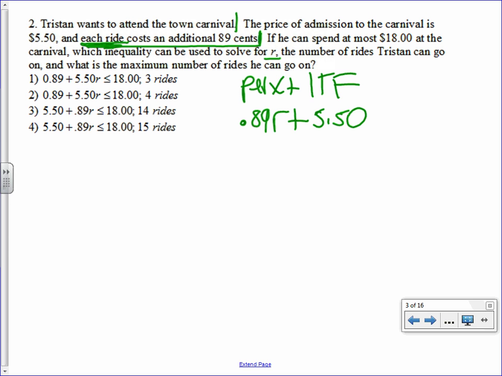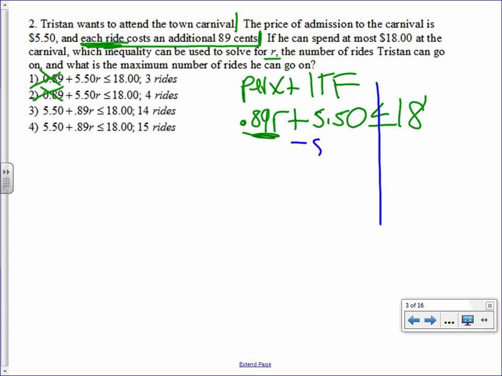Now I'm up to the next sentence. He can spend at most $18. So that means the money he spends can be less than or equal to 18. Looking at my choices here, I know it can't be choice 1 or choice 2 because the R has to be with the 0.89. Now it wants me to determine the number of rides he can go on. We have to do some algebra.